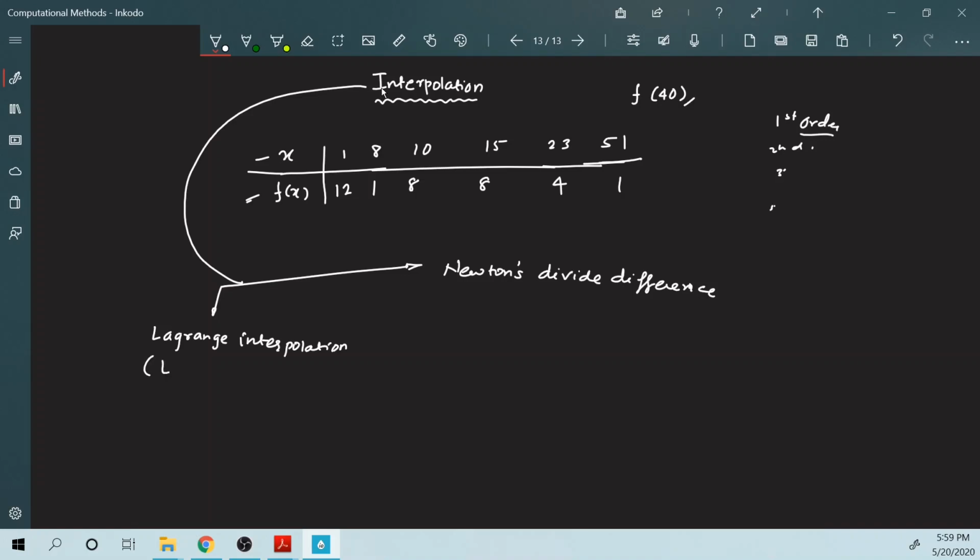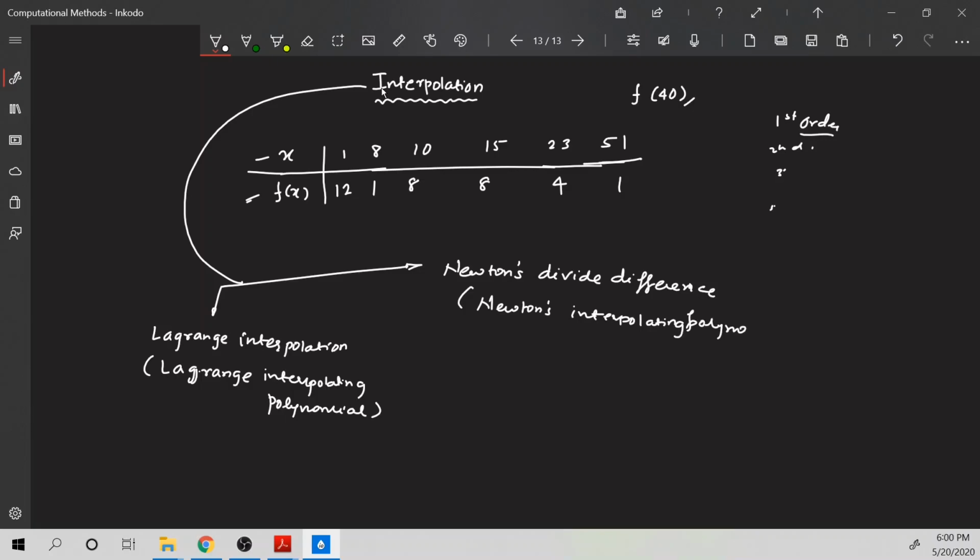Lagrange interpolation is also known as Lagrange interpolating polynomial, and this is known as Newton's interpolating polynomial.